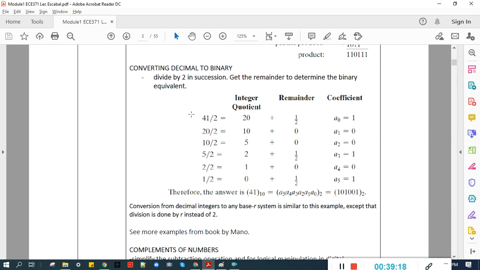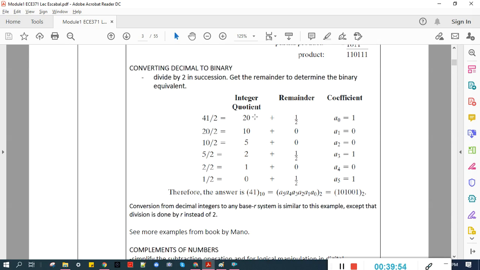For example, 41. We want to convert the number 41 in decimal to its binary equivalent. So we divide 41 by 2, then get the remainder, then continue the process until we reach the quotient of 0. 41 divided by 2, that's 20, remainder 1.